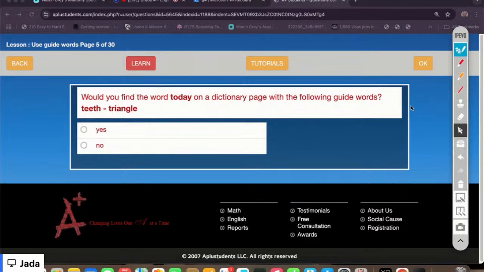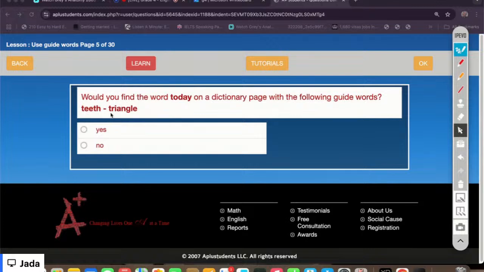All right, so can you find the word today in between teeth and triangle? So we have today.